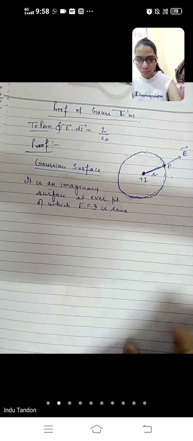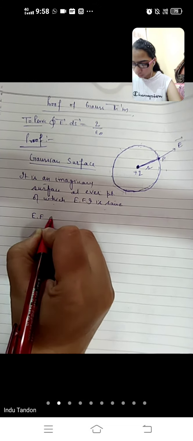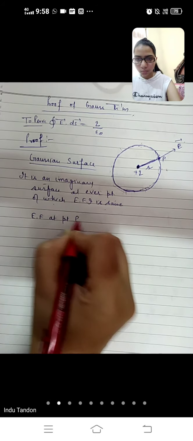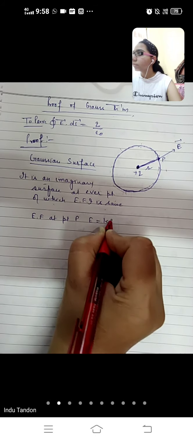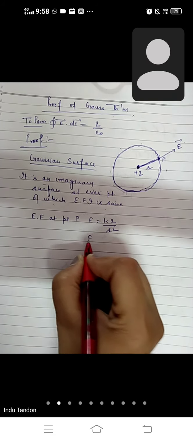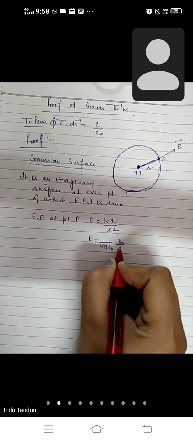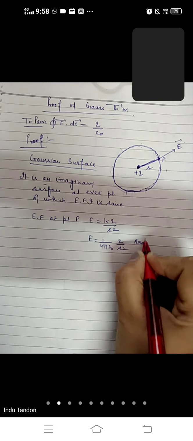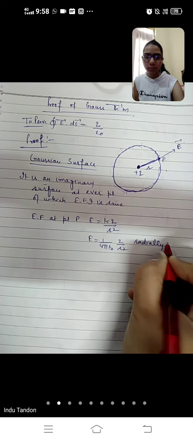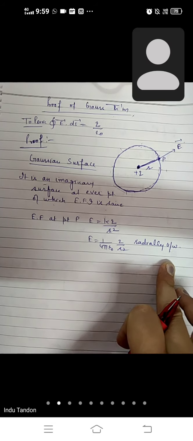It is radially outward. So the electric field at point P is E, and it is KQ by r square. Do you know K? It is 1 by 4 pi epsilon naught. So E is Q by 4 pi epsilon naught r square, and it is radially outward.